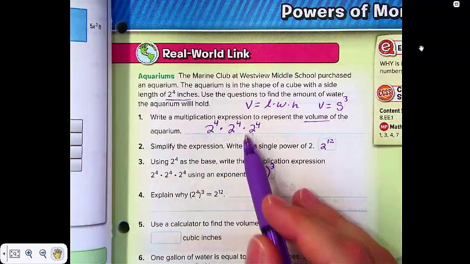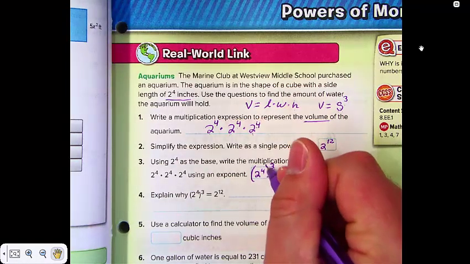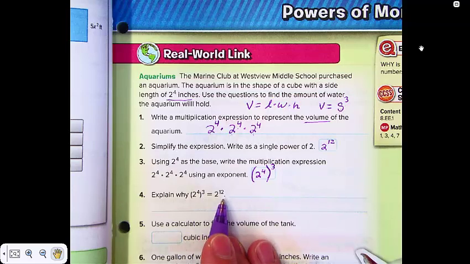Okay? So basically we have 2 different ways to write this, and the book is showing you both ways. Now, explain why 2 to the 4th, all raised to the 3rd power, equals this.